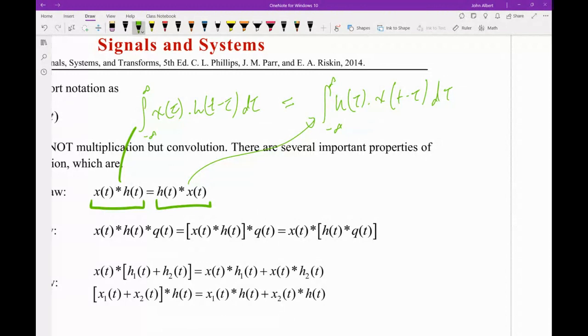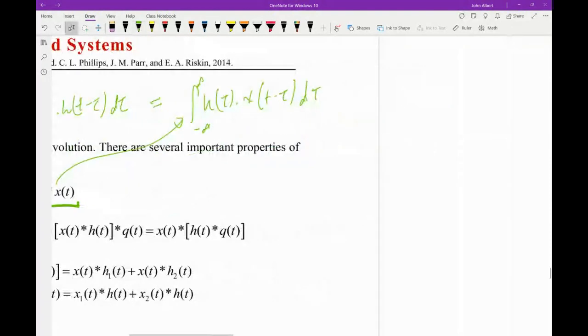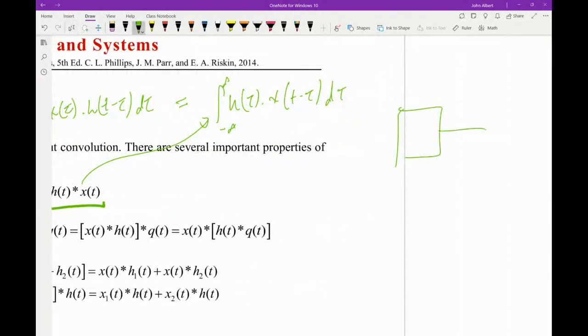So it doesn't make any difference. If you have a system with an input x and an impulse response h, and another system with an impulse response not h but x, and you feed it with an input that is equal to h, this is basically what I'm saying. You have two systems, h of t, let's say this is the output y of t, and this is x of t.